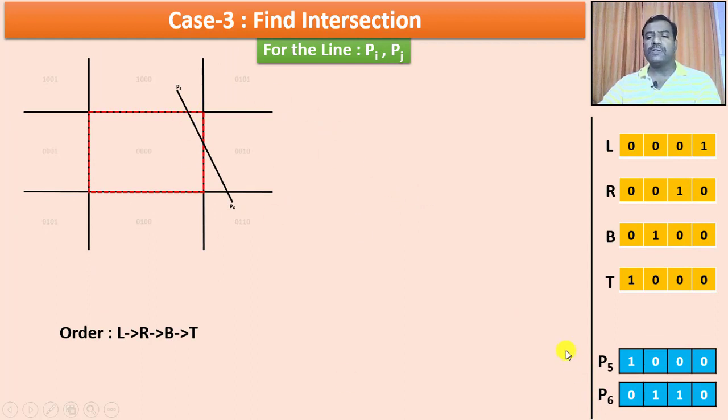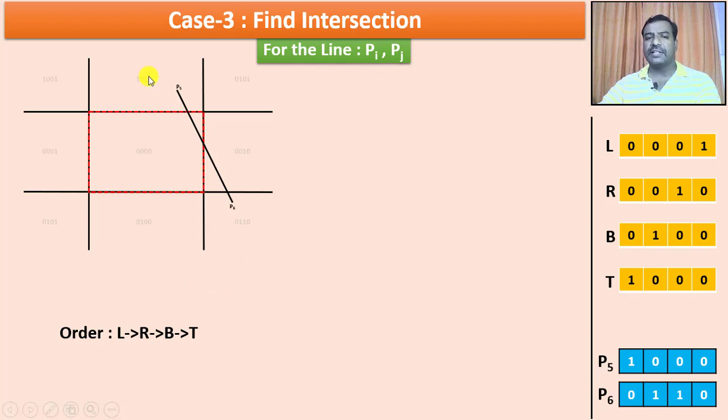So now once we are finding the intersection, we are going to follow this order. We will first check with the left boundary whether there is an intersection with the line or not. Then we'll move on to the right boundary, then the bottom, and then the top. That is the order we are going to follow in this algorithm.